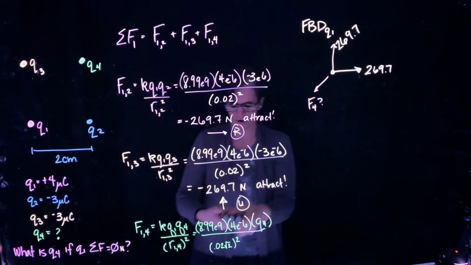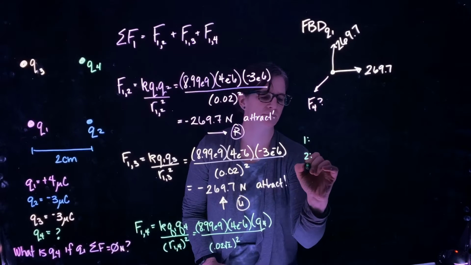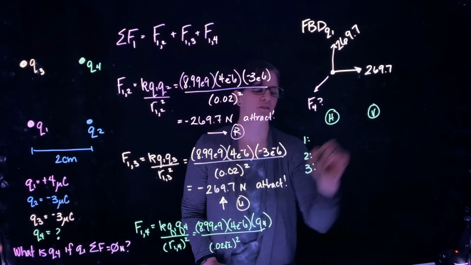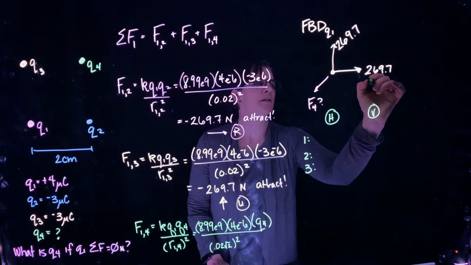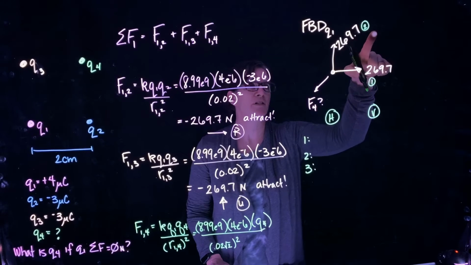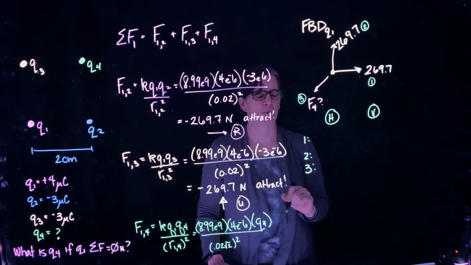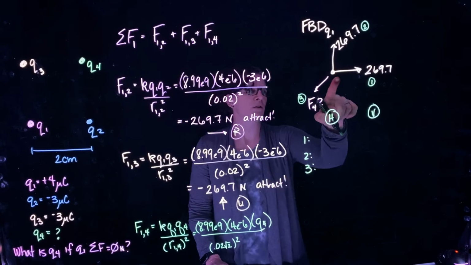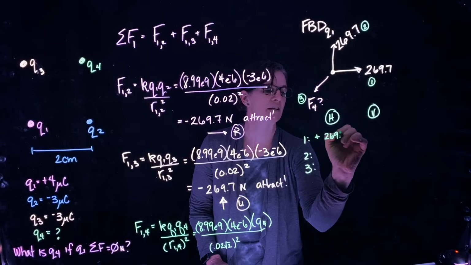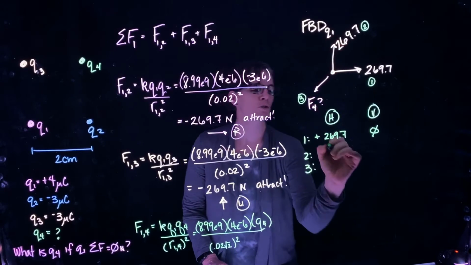So we know there are 3 forces acting on the object. And those forces can have both horizontal and vertical components. So we'll say our force to the right is force 1, our force up is force 2, and force 4 is going to be number 3. So force 1 is only horizontal. It's positive 269.7. There are no vertical components. Force 2 is only vertical.